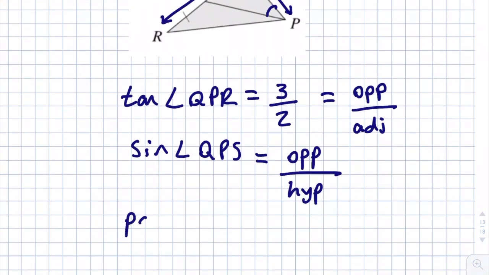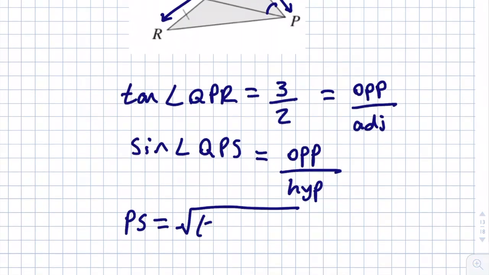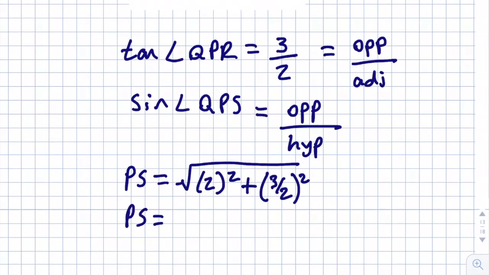So PS is going to be the square root of 2 squared plus 3 over 2 squared. 2 squared is 4, plus 3 over 2 squared, which is 9 over 4.